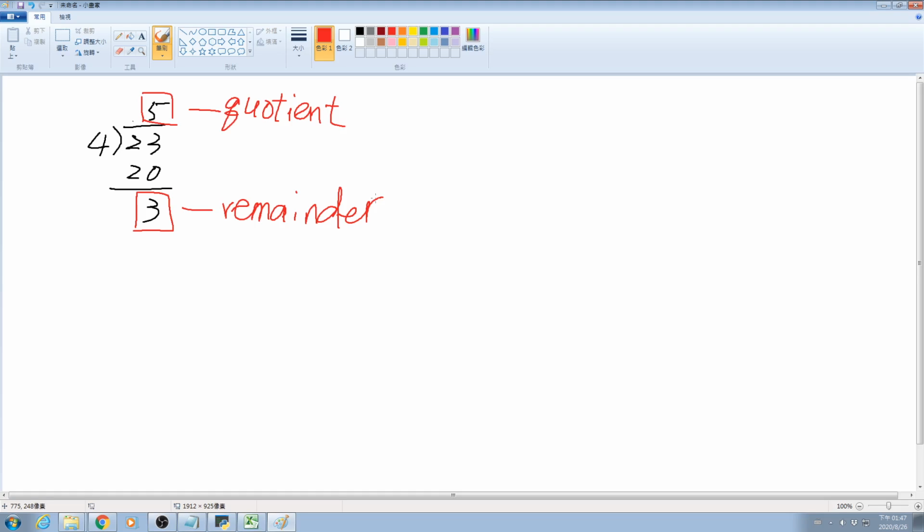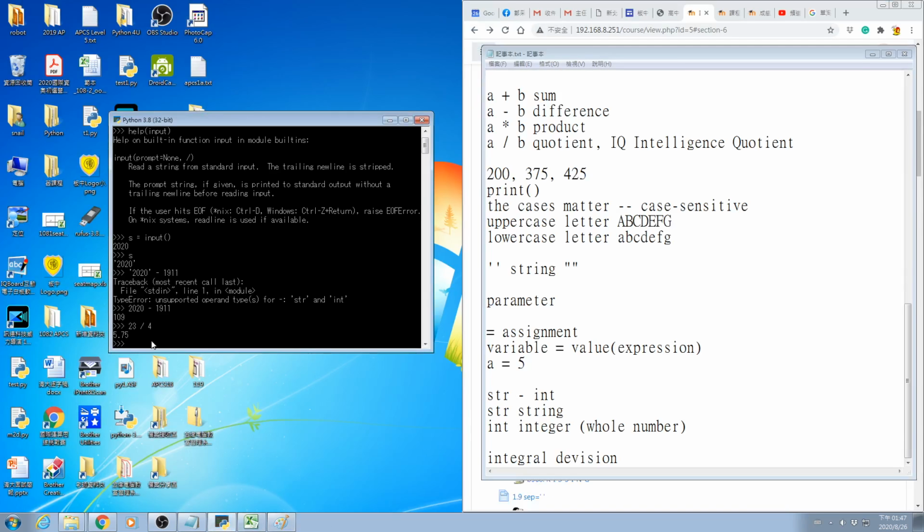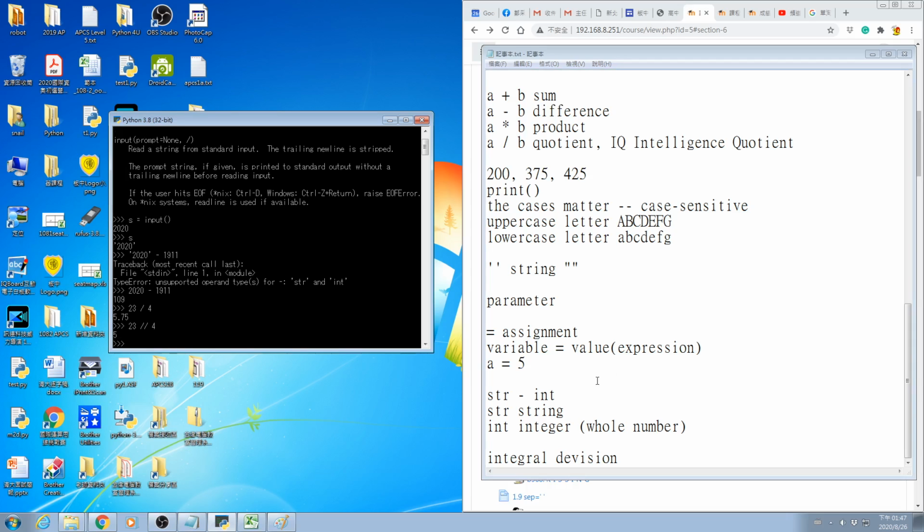All right. So the next thing that we are going to use is, if you want to get the quotient of it, then you use double slashes. Double slashes will give you the quotient of 5.